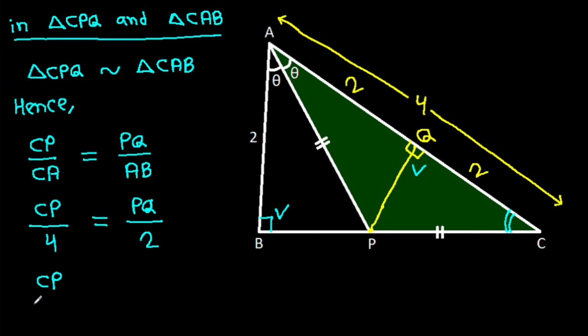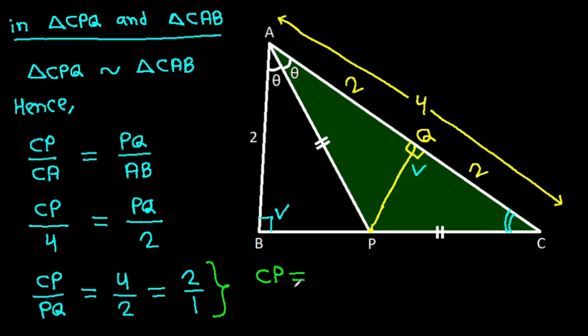So CP over PQ will be 4 divided by 2, that will be 2 divided by 1. That means if CP is 2a, then PQ will be a.